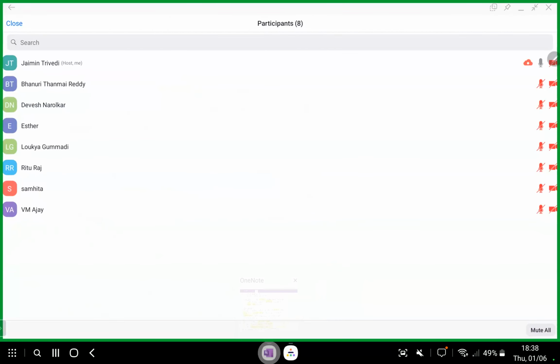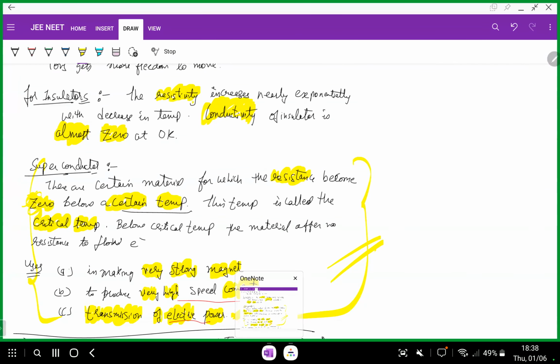Camera? Come on, turn on your cameras, everyone.